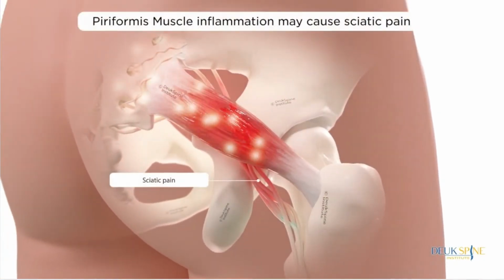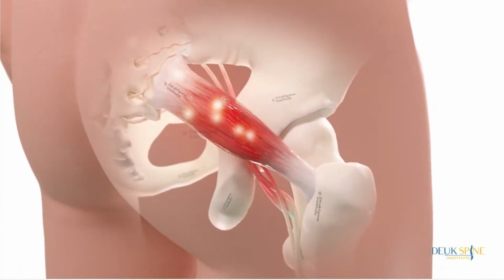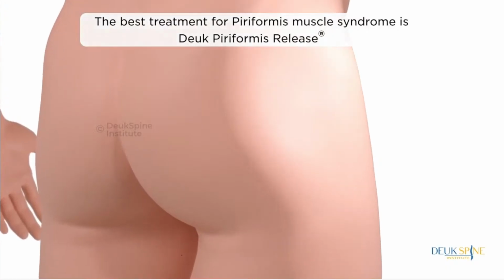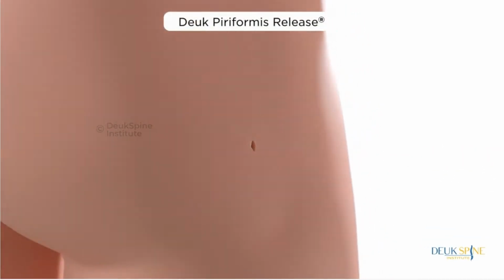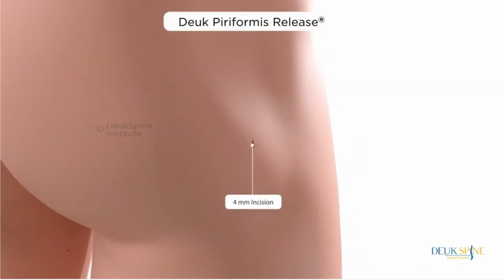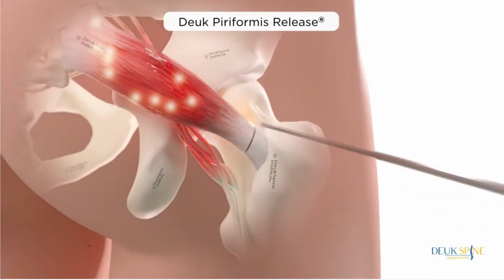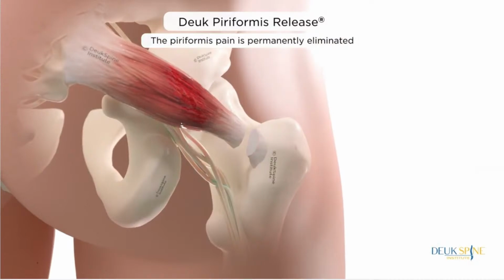And also, piriformis muscle inflammation may cause sciatic pain. The best treatment for piriformis muscle syndrome is the Deuk piriformis release. From there, the piriformis pain is permanently eliminated.